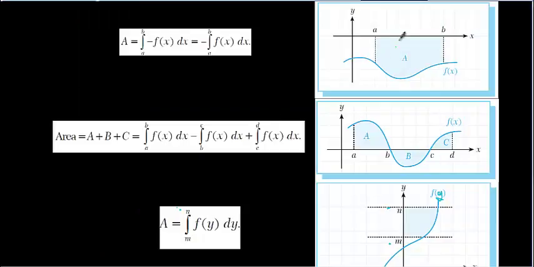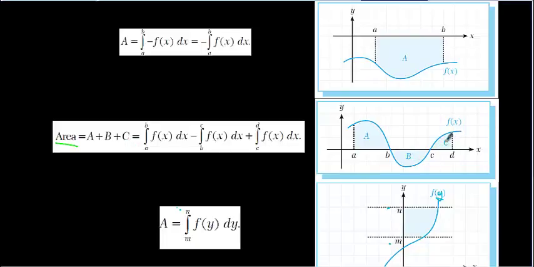If we are looking for the area and the area is below the x-axis, the integral result is going to be negative. That's why we should put a minus sign to make the area positive, because area is a positive value. If you are looking for the total area, it is the sum of a plus b plus c.